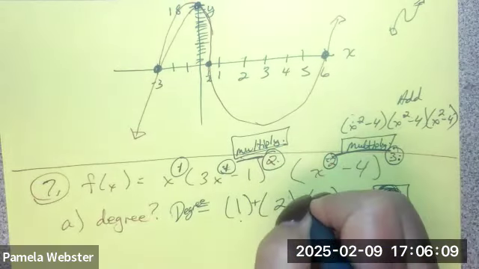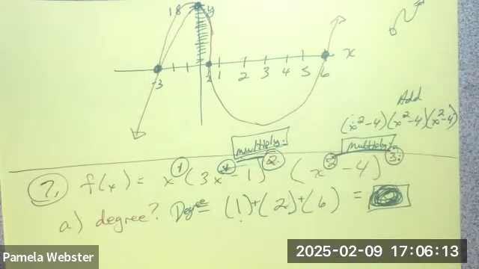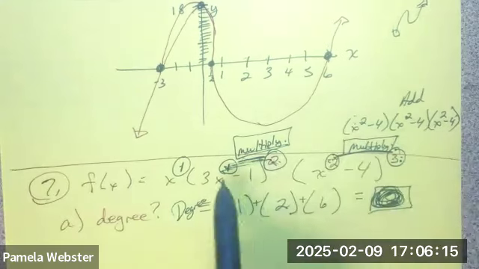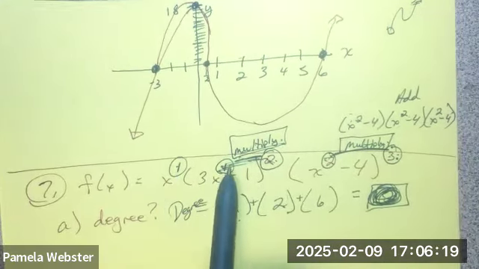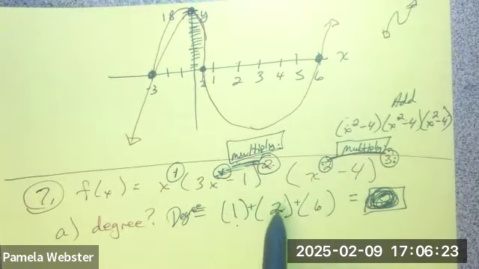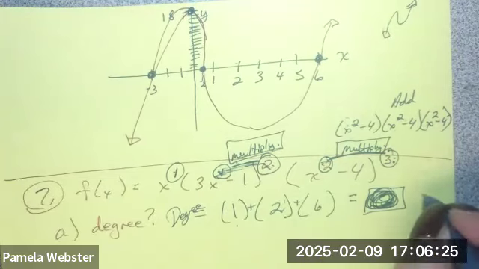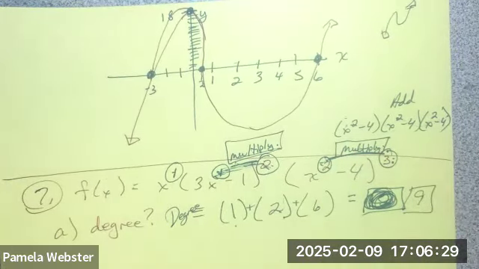We're adding them. We multiply the exponents within each factor, but then I add the degrees together. So 1 from this factor plus a 2 from this one plus a 6 from this one. 1 plus 2 is 3, plus 6 is 9. For just a minute I wrote it as multiplication and I just multiplied them out.